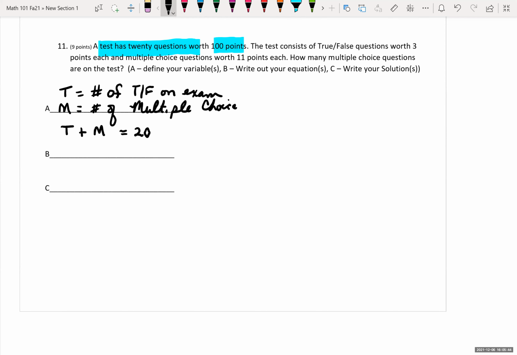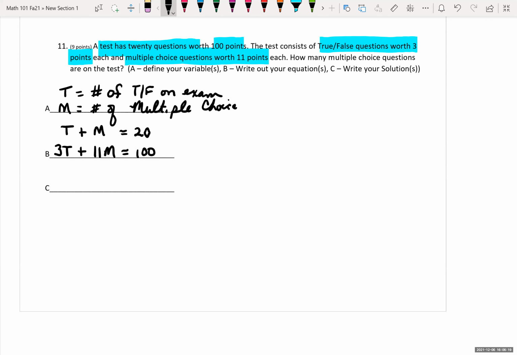The sum of the points for all the true false and multiple choice questions was 100 points. True false questions are worth 3 points, so 3 times T, plus multiple choice questions are worth 11 points each, so plus 11M equals 100.